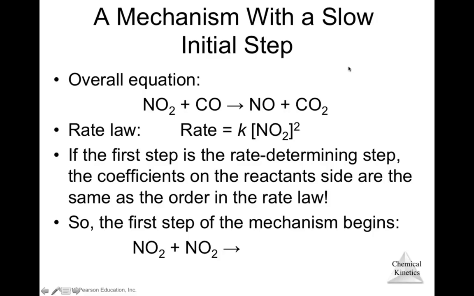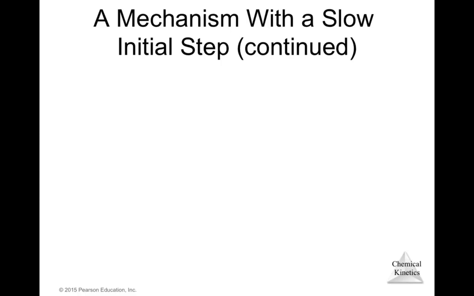So this reactant is going to be the reactant of that first step, and we have 2 NO2 because we have a coefficient of 2 in the rate law. Now we have the reactant of that first step.